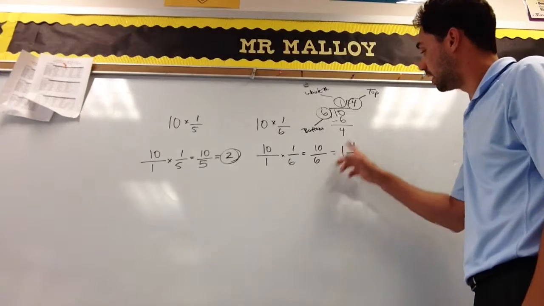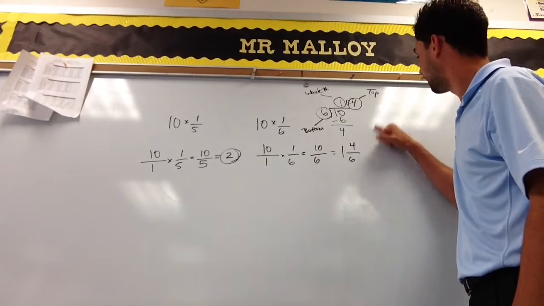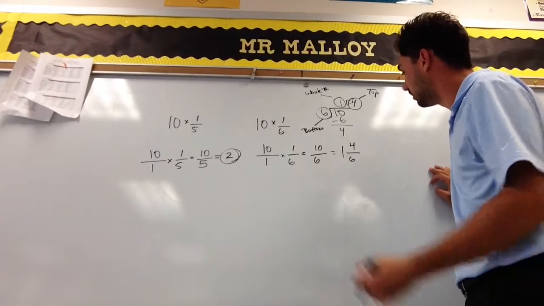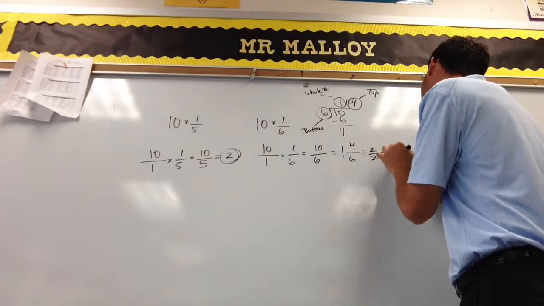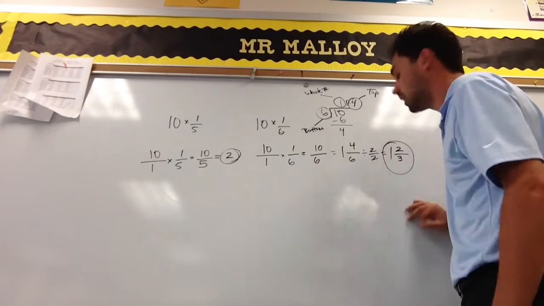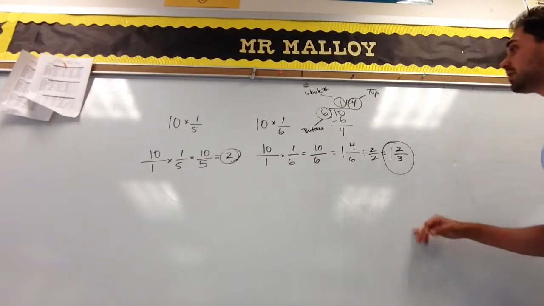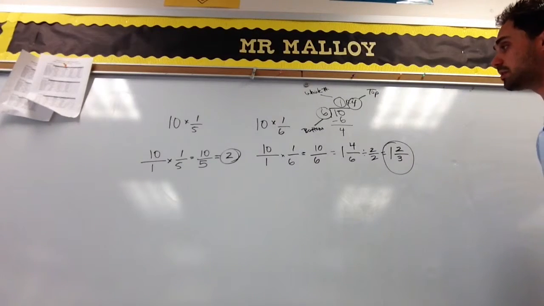So 1 and 4/6. However, we learned from the last unit that this can be reduced, since these are even numbers, so I can divide out a 2 over 2. So this would become 1 2/3. Okay, so we're going to have to still apply previously learned information with the newer information.